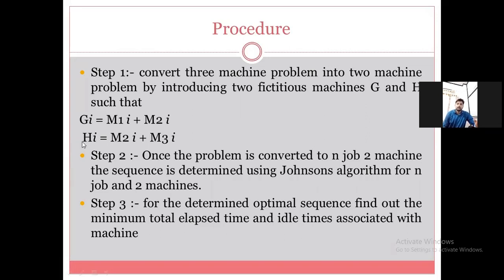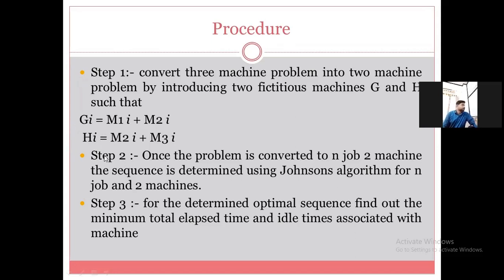Similarly, H suffix I will be calculated as M2I plus M3I. H suffix I is the processing time of a particular job on the H machine, which will be equal to the processing time on the M2 machine plus the processing time on the M3 machine. In this manner we have to calculate the processing times on the hypothetical machines.